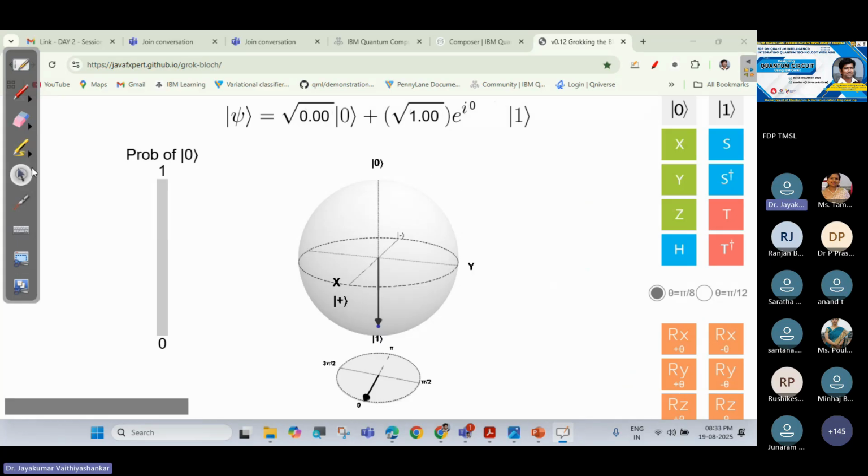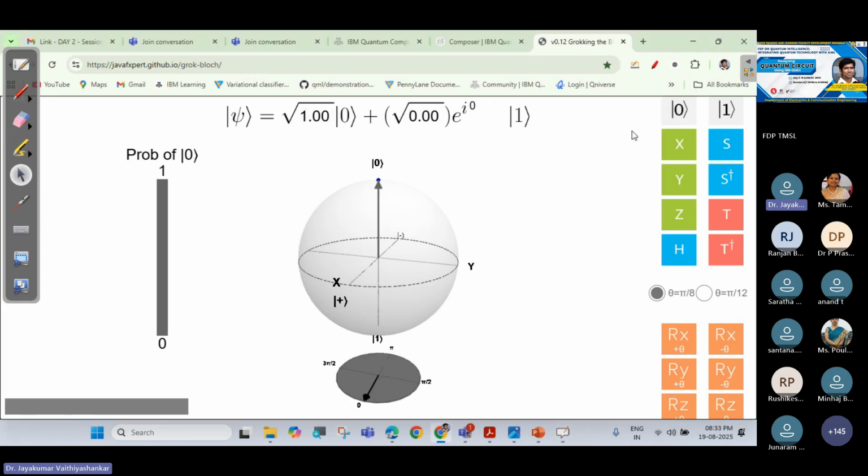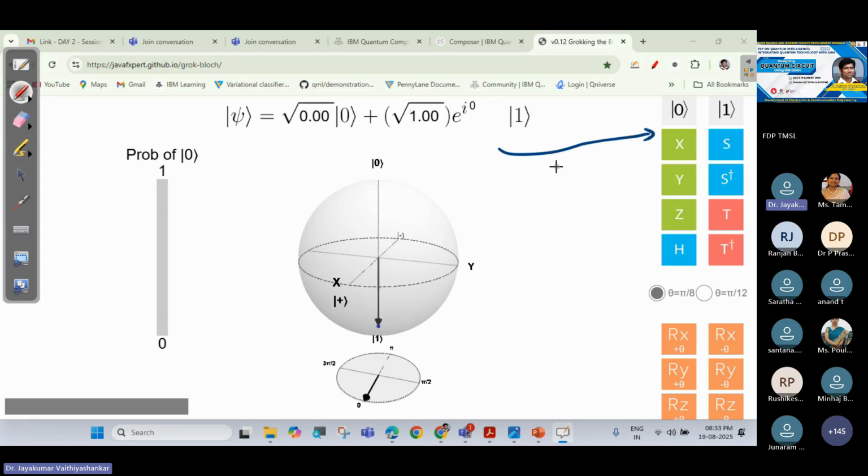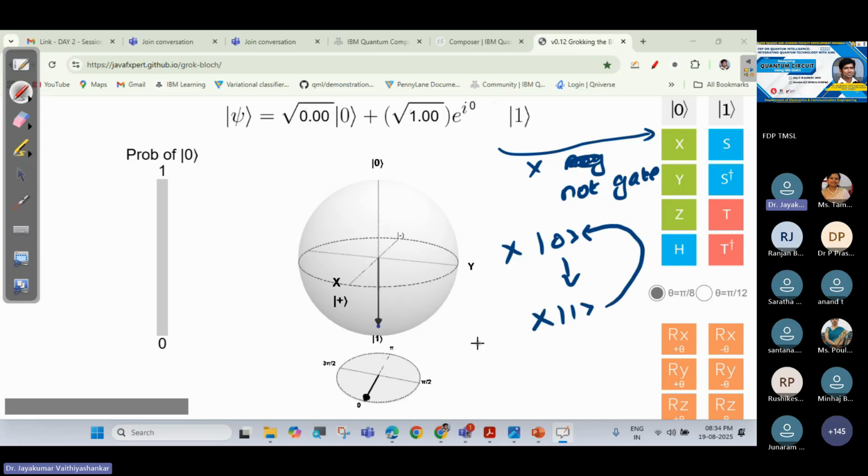Next, we apply the NOT gate from state 0. Click state 0, click X gate. The X gate stands for NOT gate. If you are in state 0 and apply the X gate, it will turn into state 1. From state 1, if you apply X, it will turn into state 0.